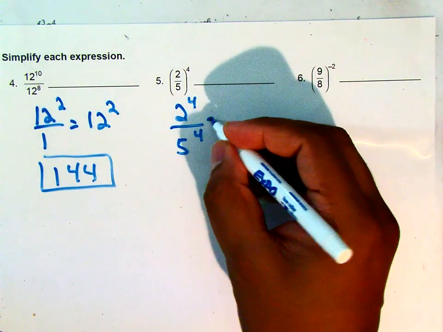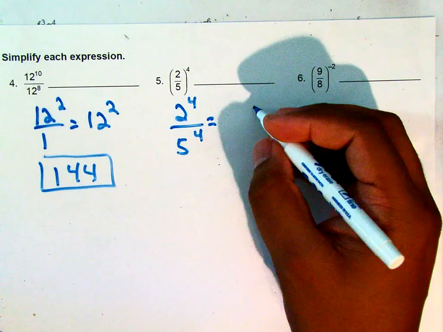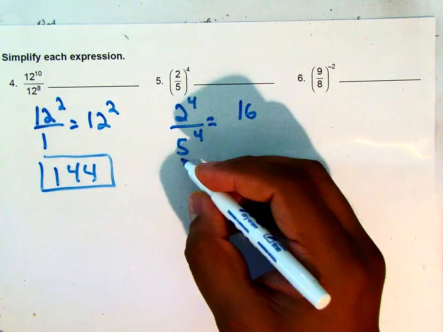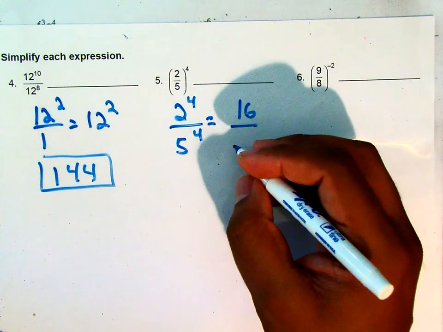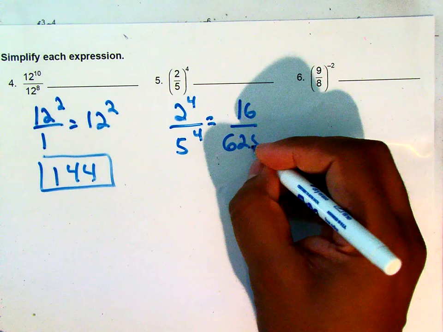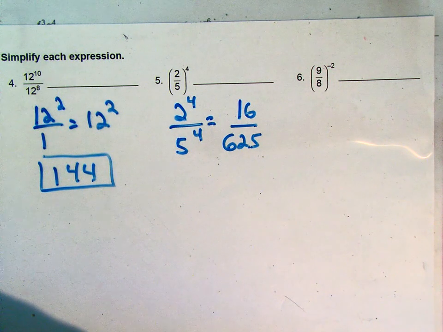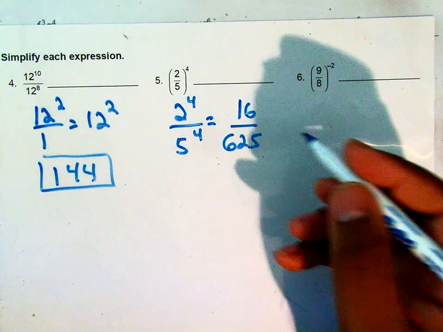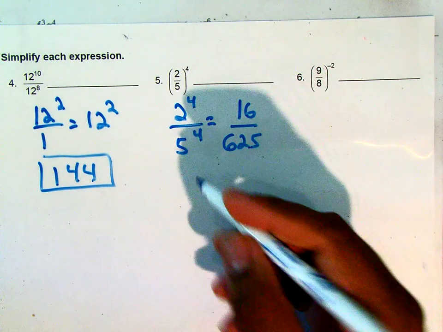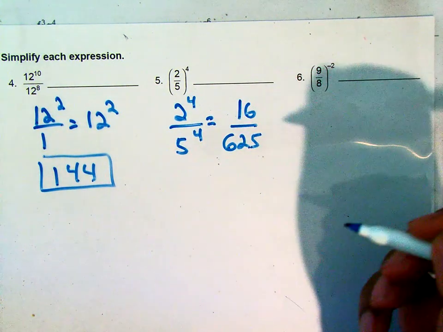And when I do 2 to the 4th, that's going to give me 16. And 5 to the 4th is going to give me 625. So remember, that's 2 times 2 times 2 times 2. And the same thing with 5: 5 times 5 times 5 times 5.